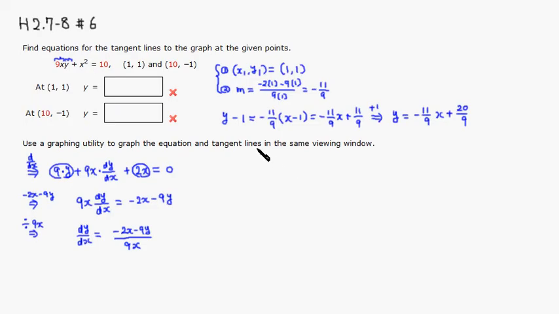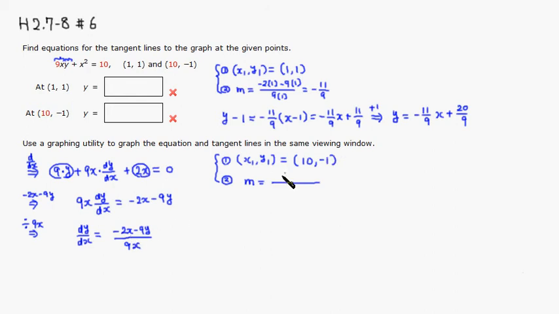The only difference is that the point is different, of course. I'm going to use x1, y1 again. I don't think we get confused. It's going to be (10, -1), which is given. Then we have to find the slope, m, using the dy over dx formula.